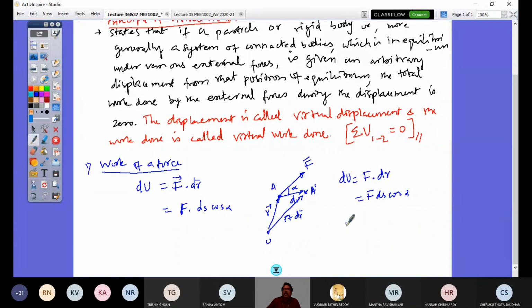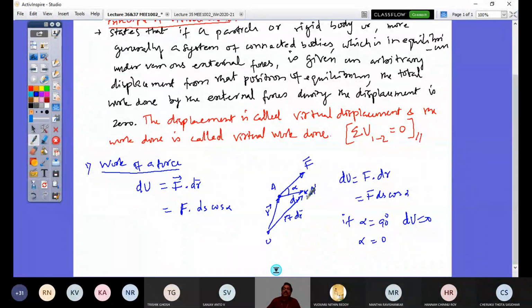So here, if this alpha is 90 degrees, what do you mean by that? The force acting at point A is at right angle to the displacement. So from this definition itself, dU is 0. If alpha is equal to 0, what do you mean by that?